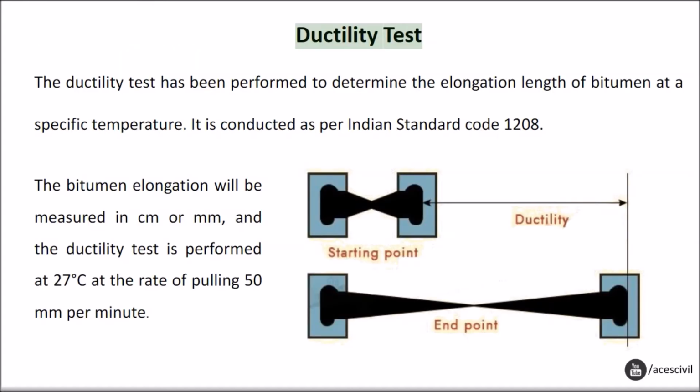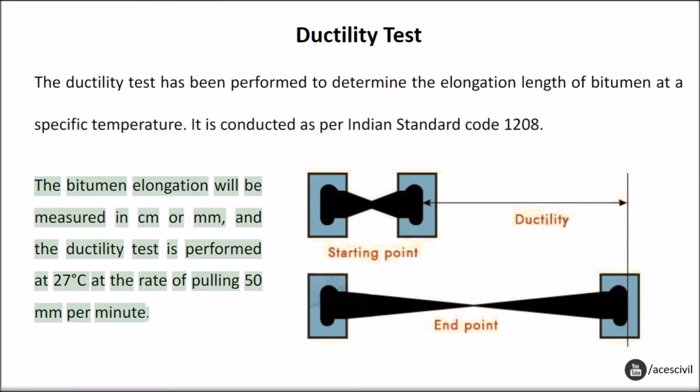Ductility test. The ductility test is performed to determine the elongation length of bitumen at a specific temperature. It is conducted as per Indian Standard Code 1208.